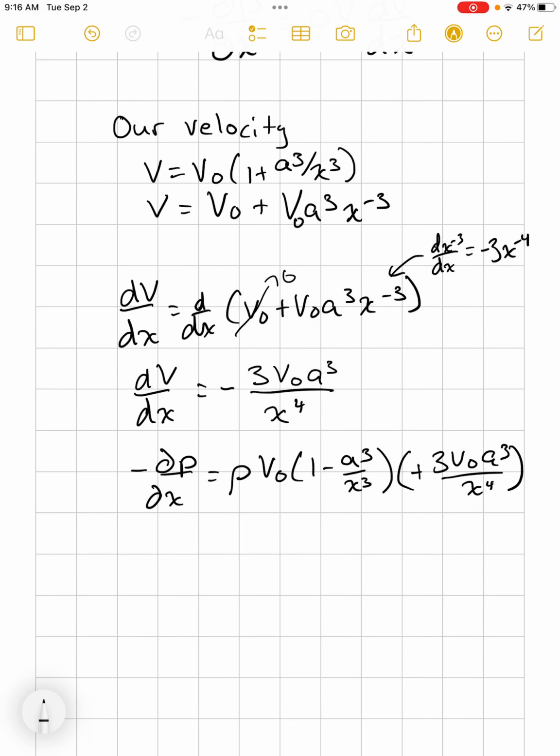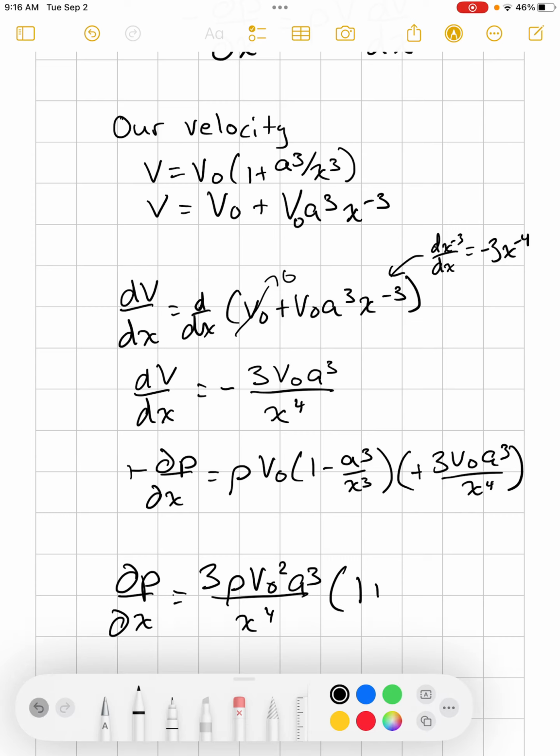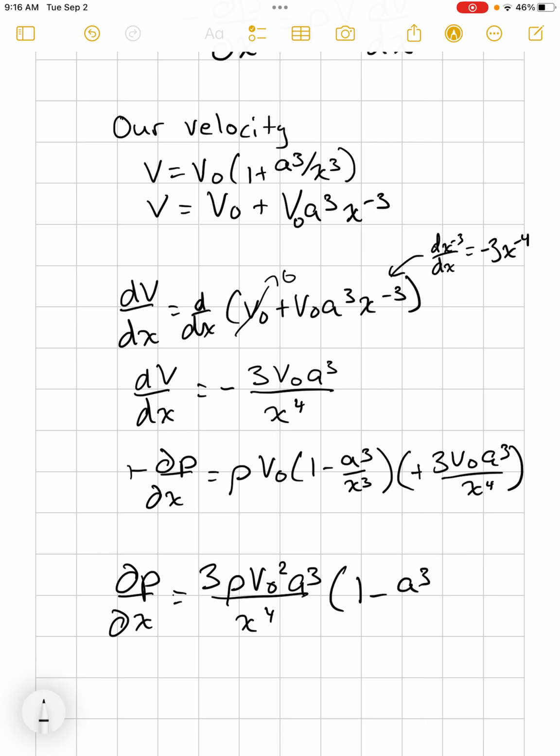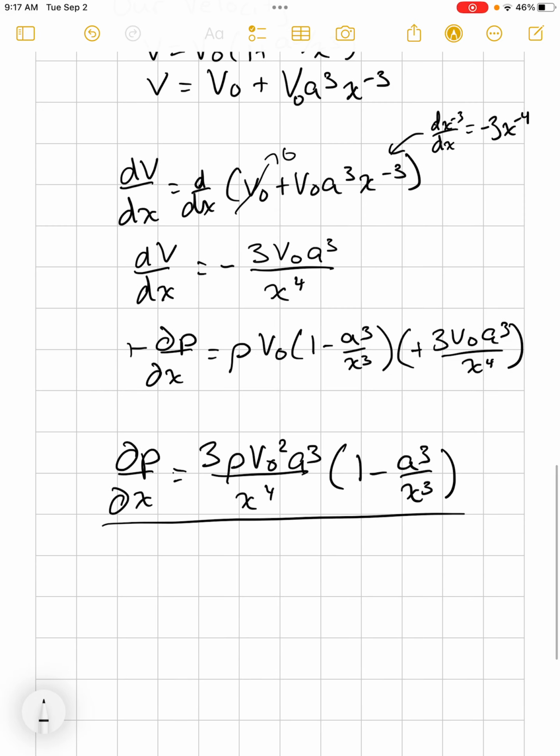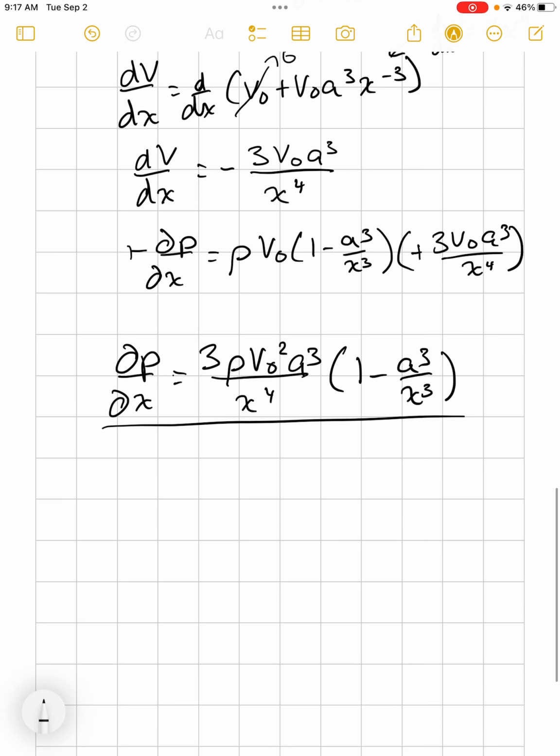We can simplify this a little bit, so we can cancel these negatives. So we're going to have 3 times rho times V naught squared times a cubed over x to the 4th times 1 minus a cubed over x cubed. That's the equation we get for the change in pressure.